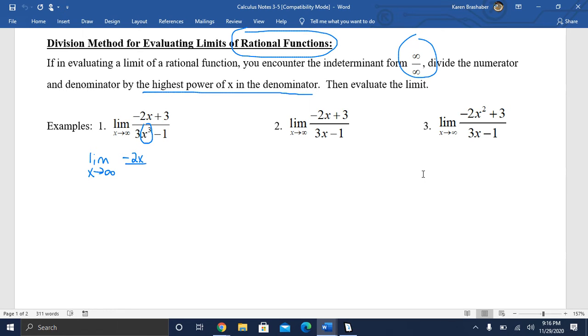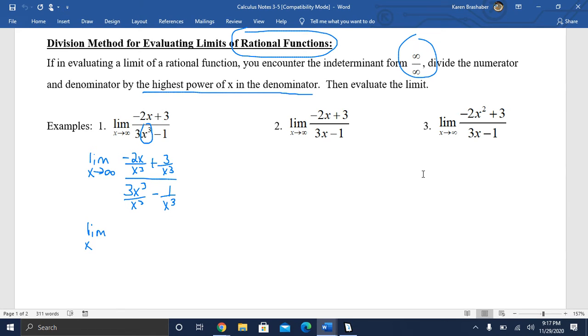So negative 2x over x to the third plus 3 over x to the third, and then over 3x to the third over x to the third minus 1 over x to the third. And then we will simplify.